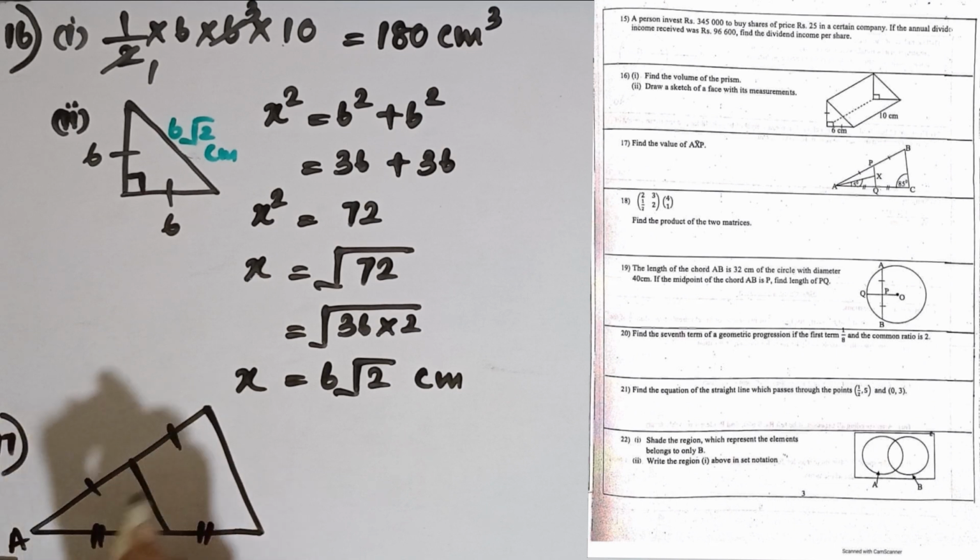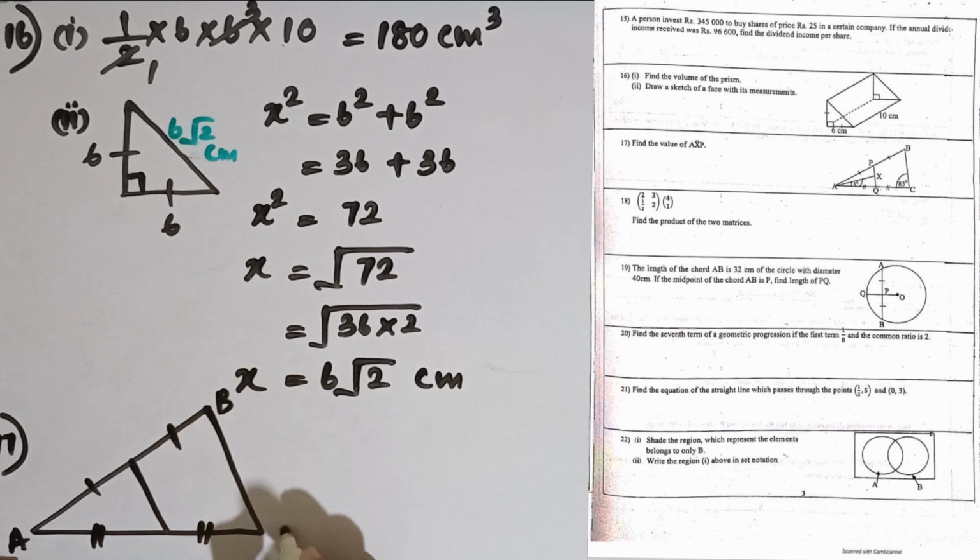Then A, B, C. This is PQ. Then the magnitudes are given. This is 15 degrees. This one 85 degrees. Now we have to find the value of angle AXP. How to find the value of AXP?